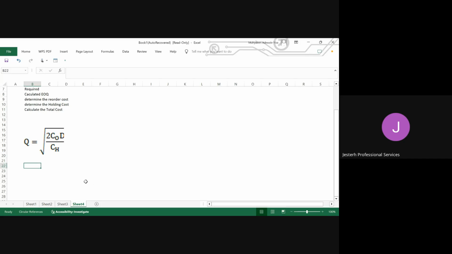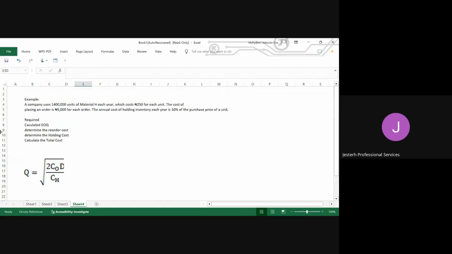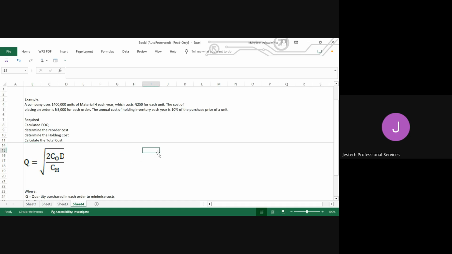That is when this EOQ comes in. Now, this is our question. Now, let me try to fix it so that we can see the question. Now, the first question said we should calculate the EOQ.